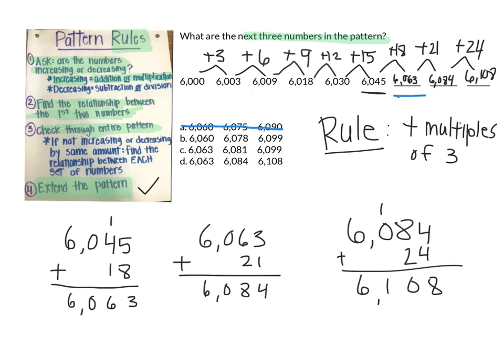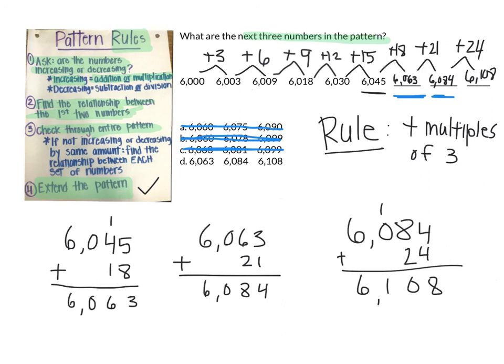Well, our first number when we extended that pattern is 6,063, so we can eliminate that also. All right, looking at C. First number is 6,063. Okay, that matches our pattern. Next number is 6,081. Nope, our next number is 6,084. That doesn't match, so we can eliminate that.